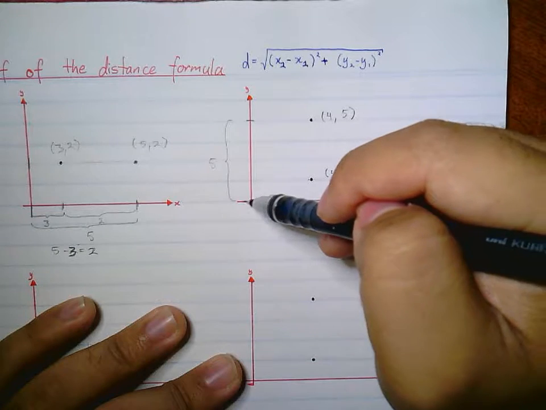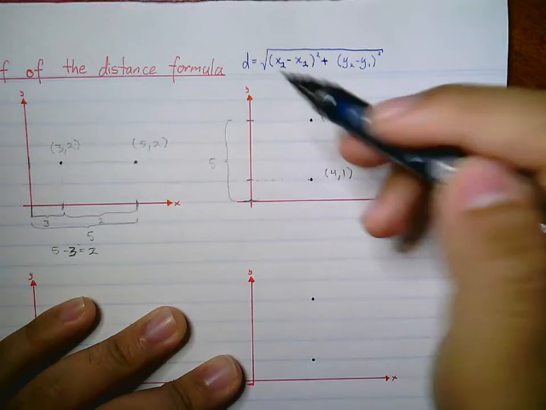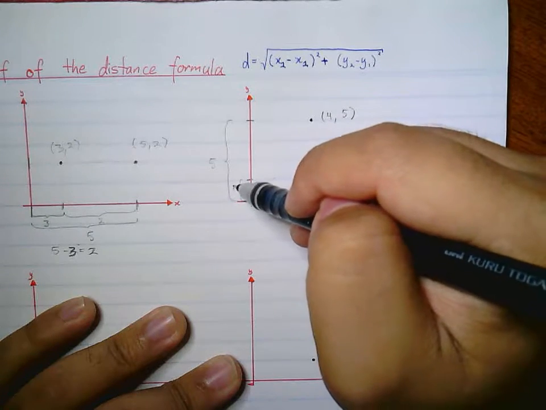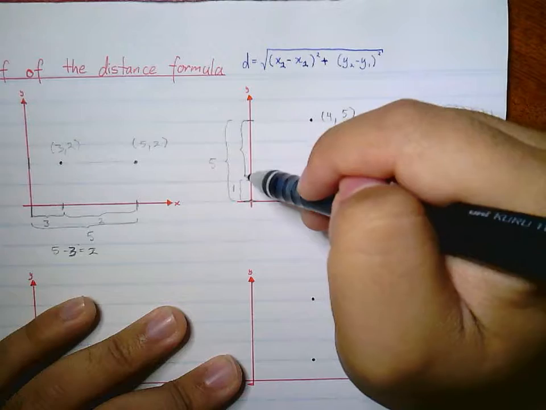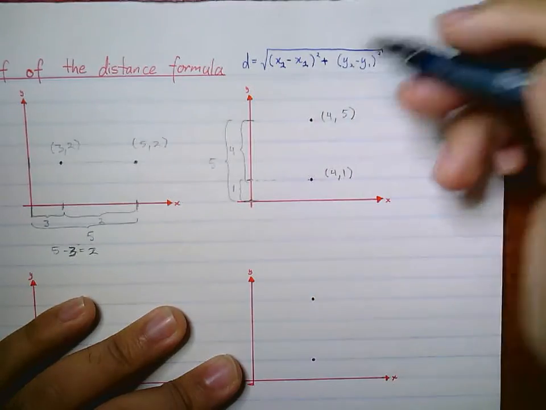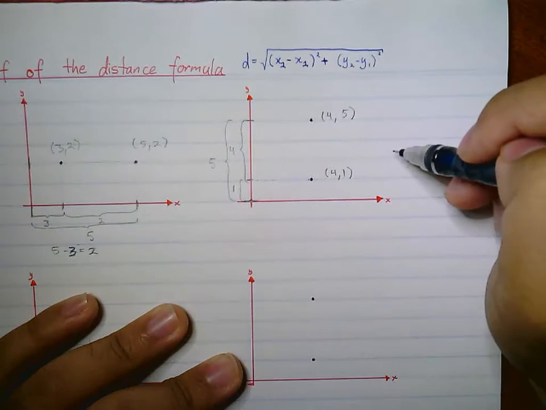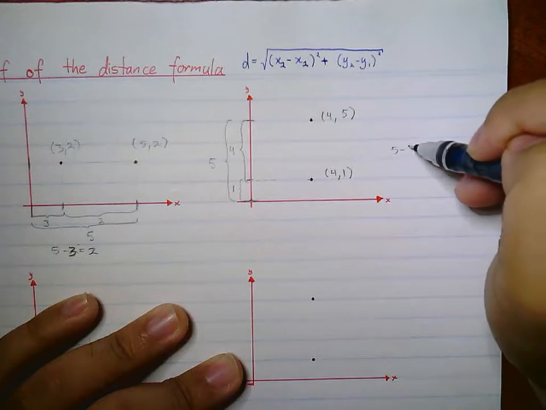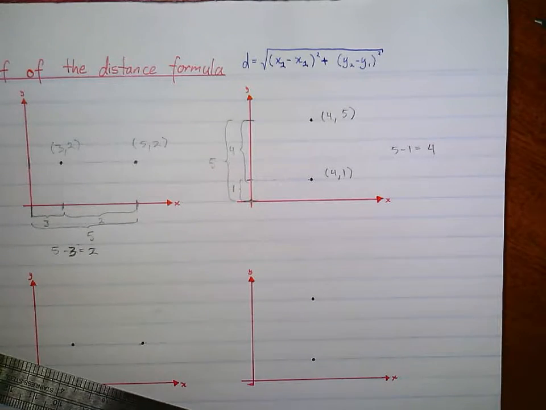Same thing from 0 to 1. Isn't that 1 unit? Which gives us that this one here is 4. Or we can say 5 take away 1 is equal to 4.